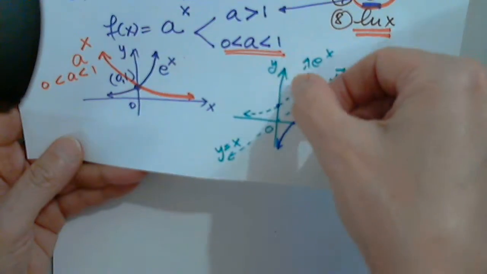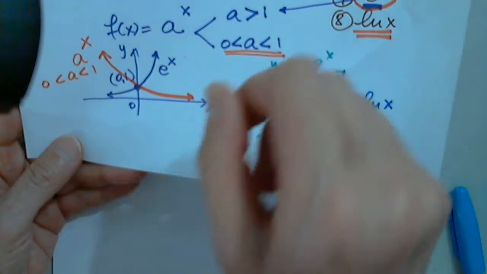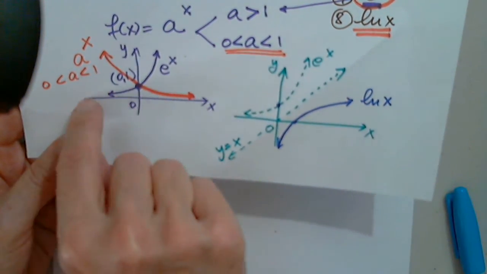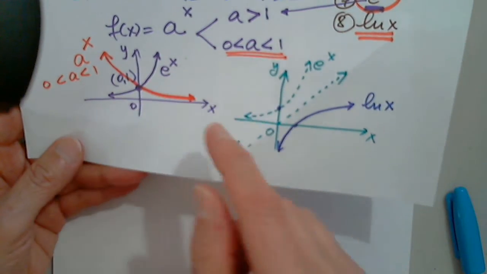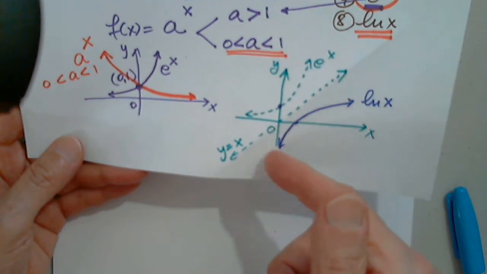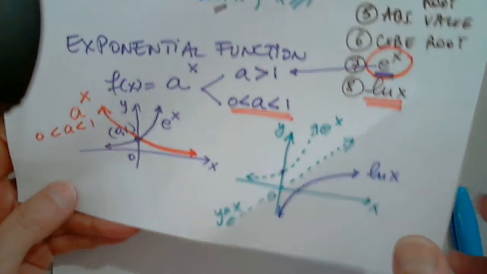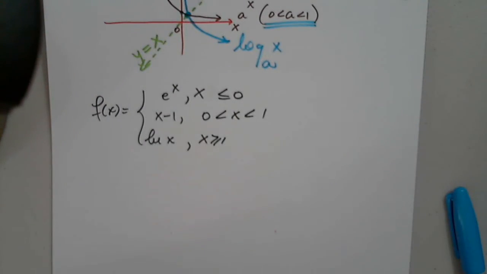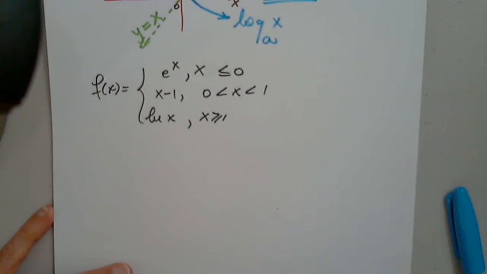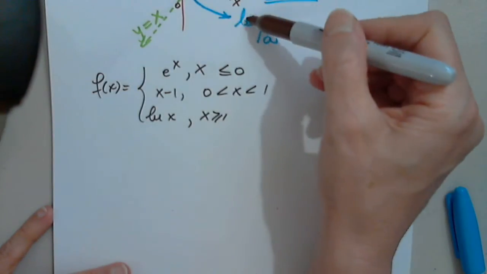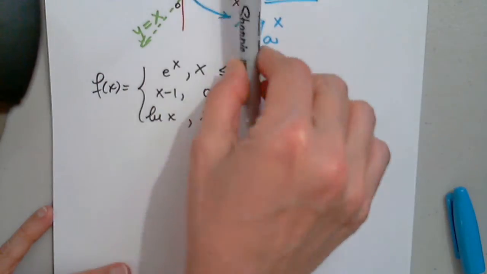Excellent. Of course, this is a vertical asymptote. Why? Because this is a horizontal asymptote in the original function. Its inverse will have a vertical asymptote. So the domain of natural log is 0 to infinity. So I call natural log not friendly. As you see it here, also from 0 to infinity.